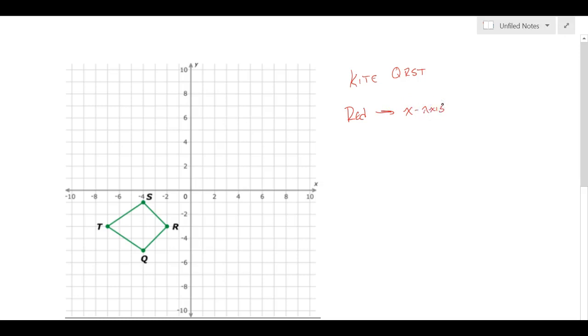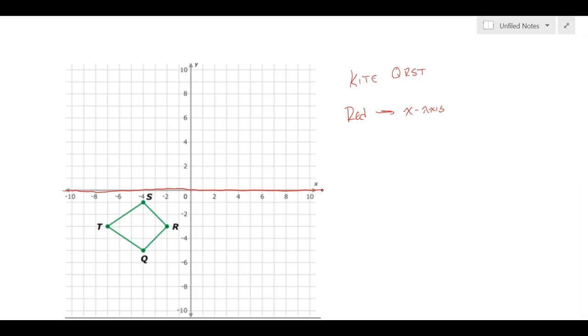So my biggest piece of advice to you here is always, always, always clearly identify your axis, or your line of reflection rather. It just makes life easier in the long run. So here we go. I'm going to, in red, draw a line of reflection, which is right there, the x-axis. Now what I have to do is this.